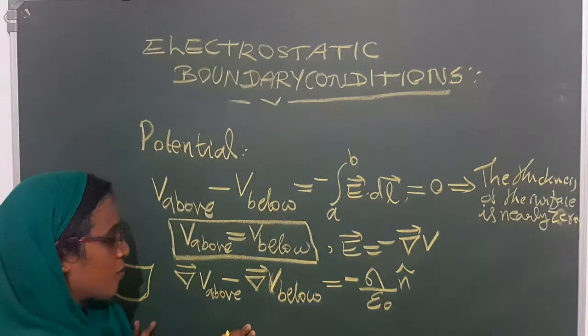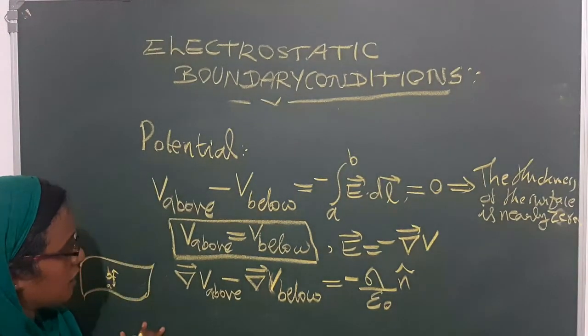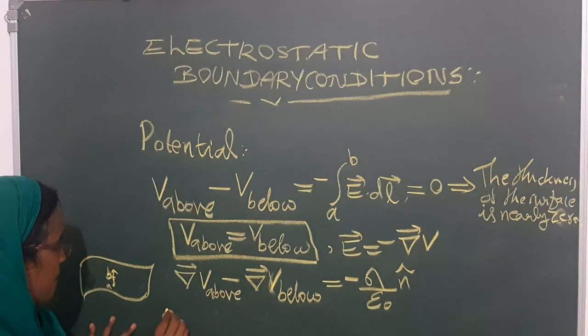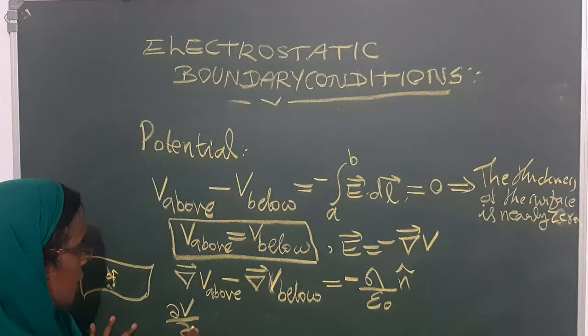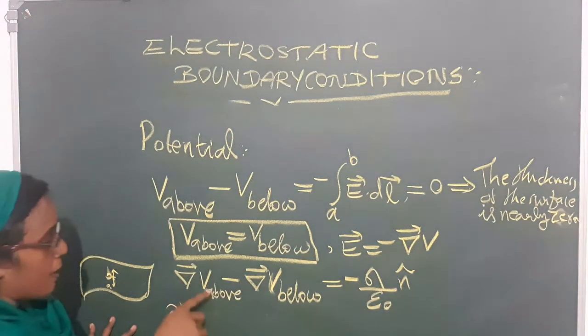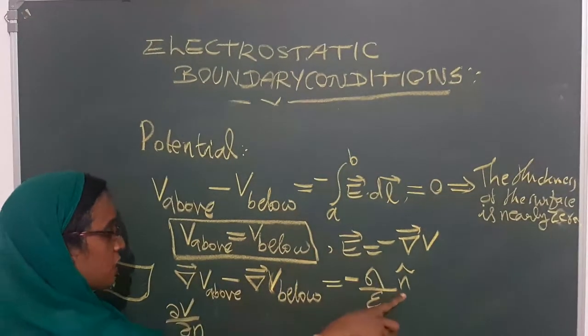Now you can write this equation in another way, using dou V by dou n, the component of grad V along the direction of n cap.